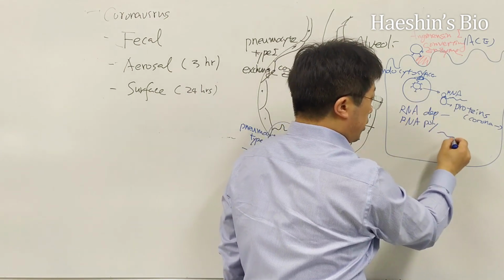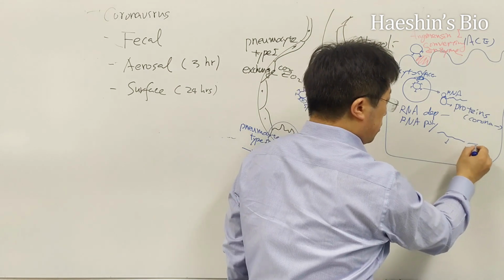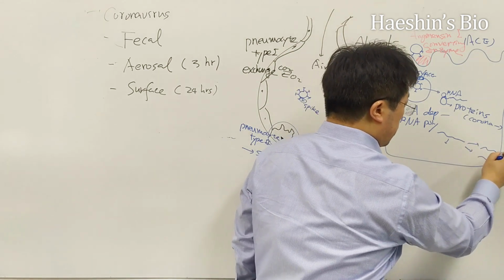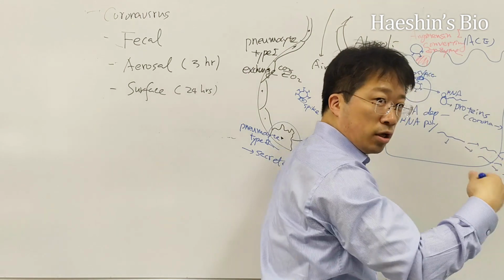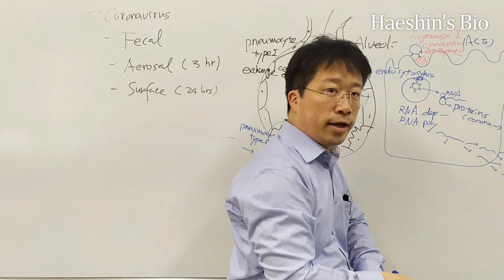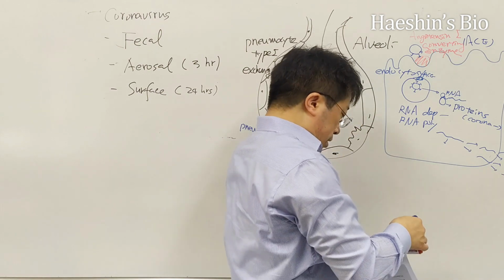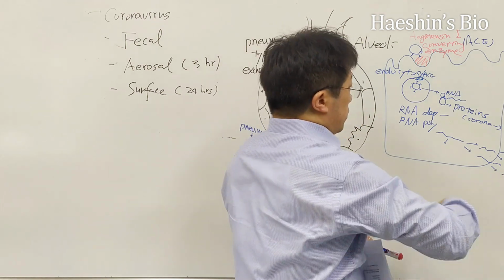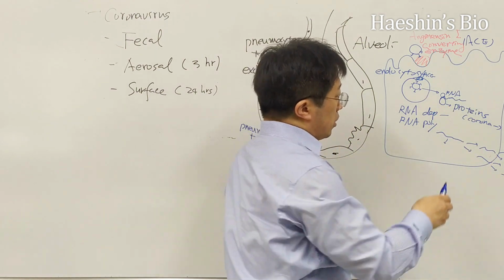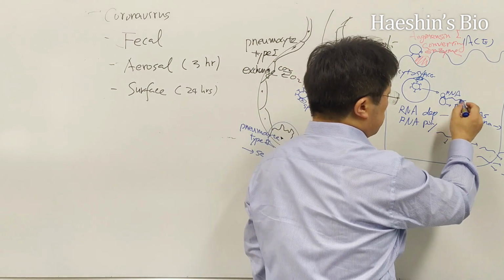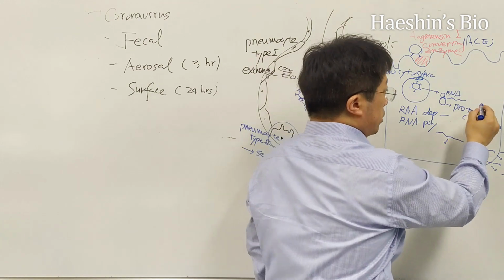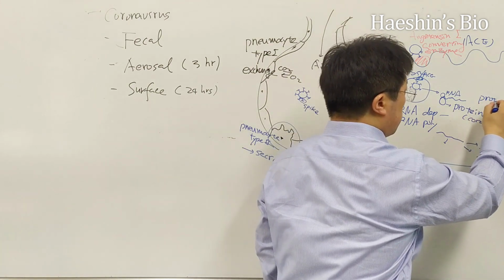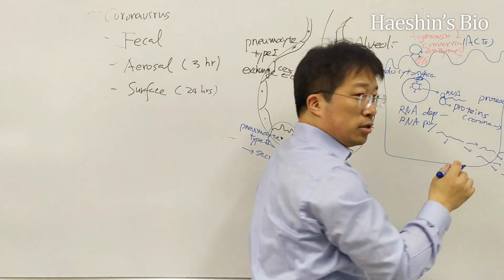So when the coronavirus RNA comes, they make duplicates. It becomes 4 RNAs, so they multiply the RNA of the coronavirus. And also, some of the proteins produced by this RNA are proteases.